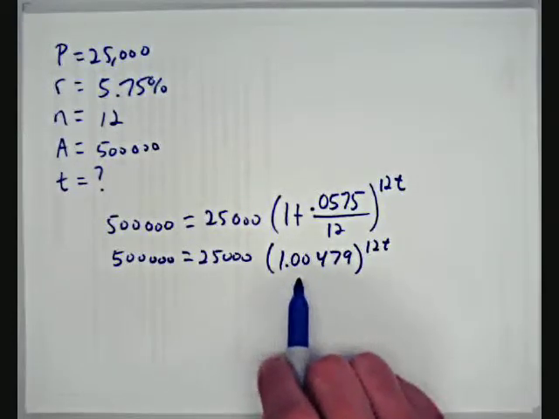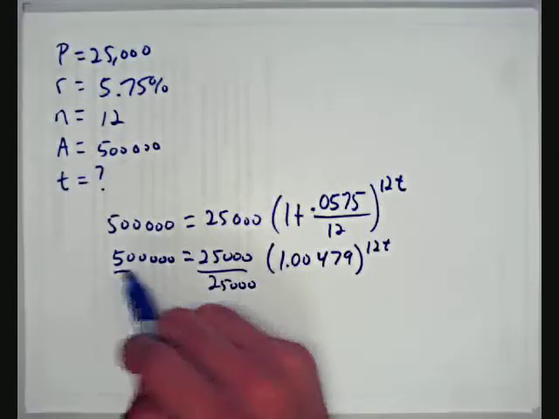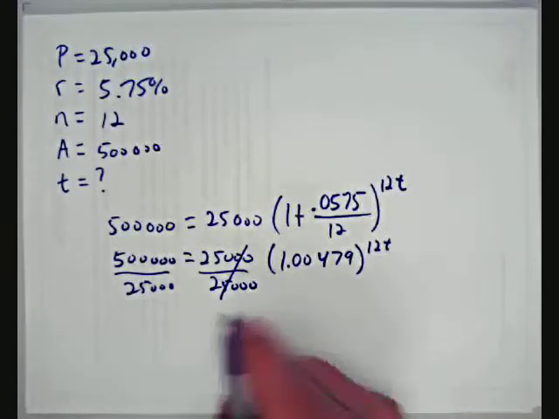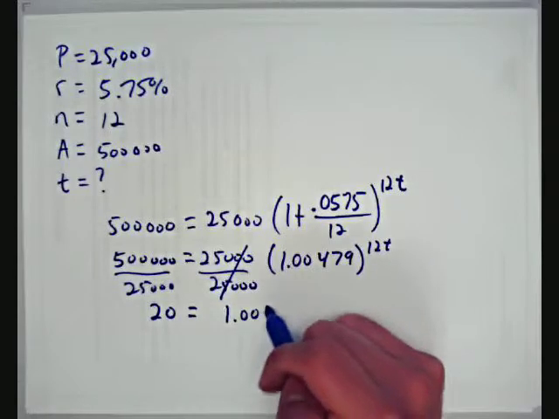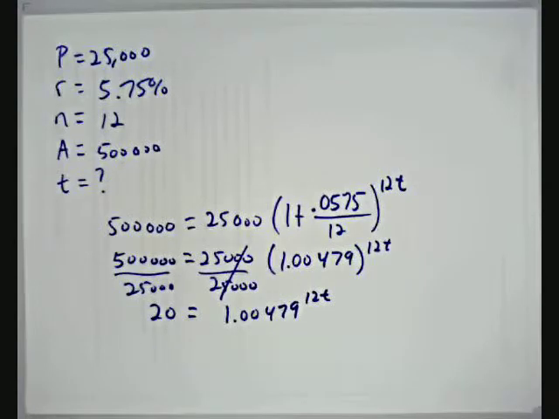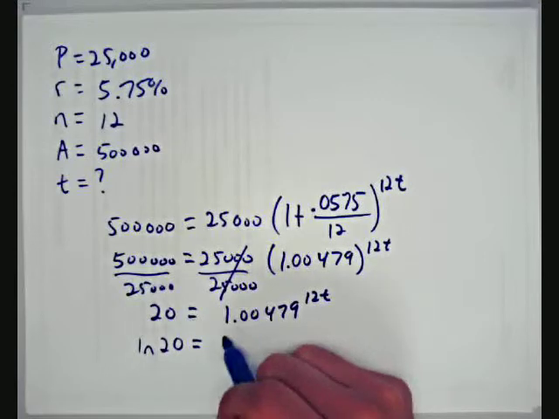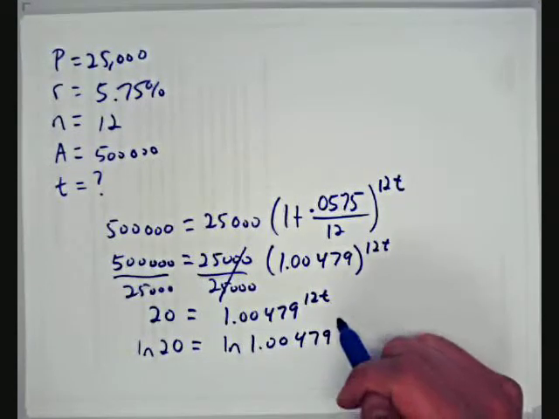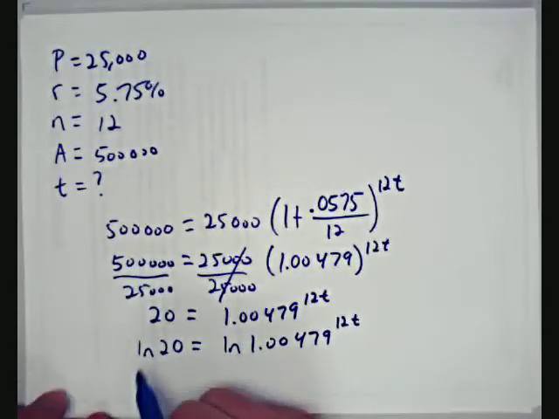So solving an exponential equation, we want to get this alone. So let's divide by 25,000. 500,000 divided by 25,000 is 20. Okay, now that the exponential is alone, we can take the natural log on both sides, and then use our power property to bring 12t to the front.